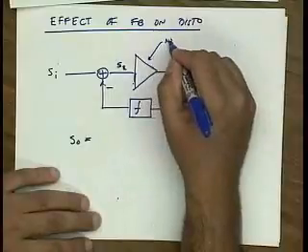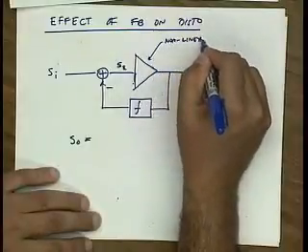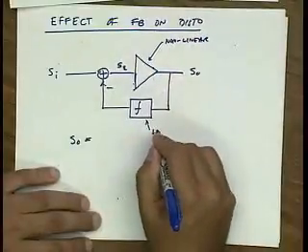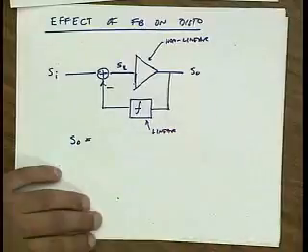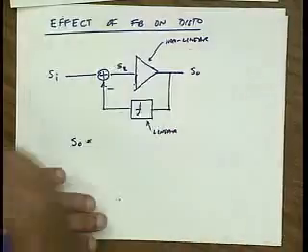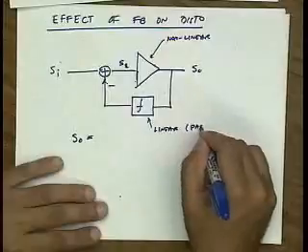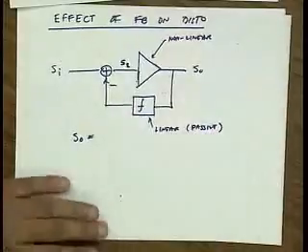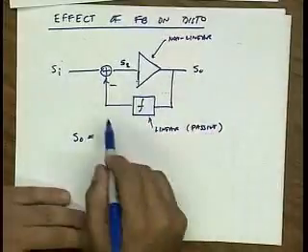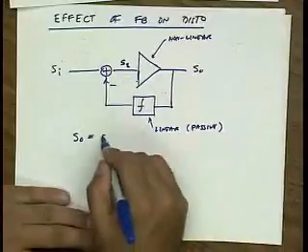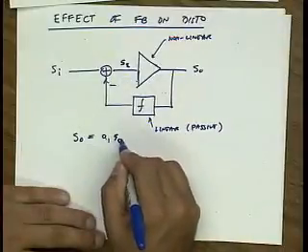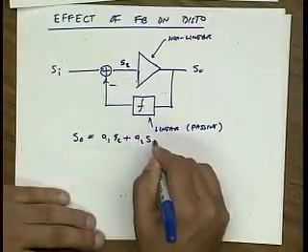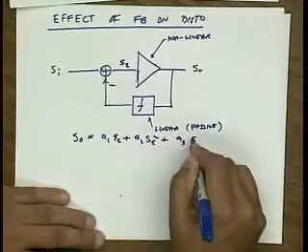Let me assume this block is nonlinear, but that the feedback is linear, and that's usually the case because the feedback is usually a passive network. So the only nonlinear term is described by this power series.